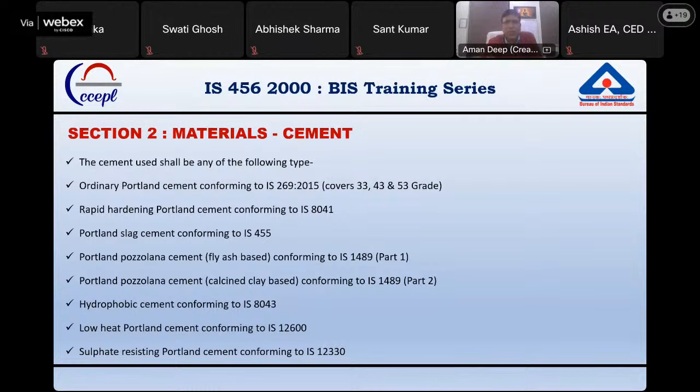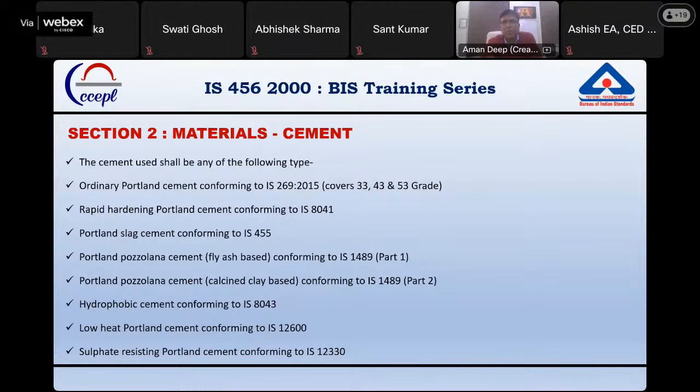Here I would like to give you a brief understanding of how we select the cement for concrete RCC works. As I already explained, there is some general purpose cement which we can use for any general condition, like OPC, PPC and PSC. These are the cements which give normal performance.